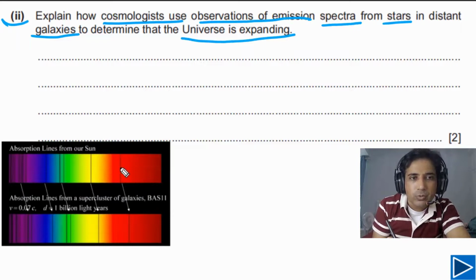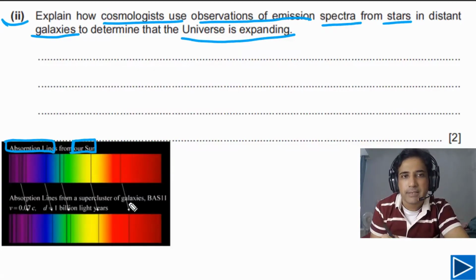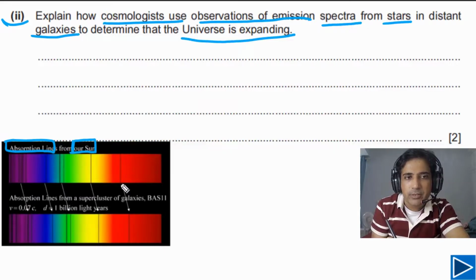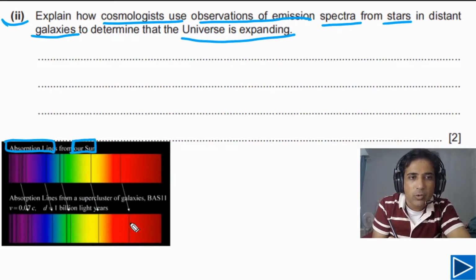If you look at these two spectra, you can see we have one spectrum from our sun. Actually, this is an absorption spectrum, and we have another absorption spectrum from another star in another galaxy. They have the same lines, but the only difference is that in the second spectrum the lines are shifted towards the red end of the visible spectrum.